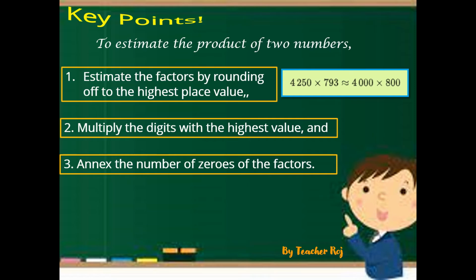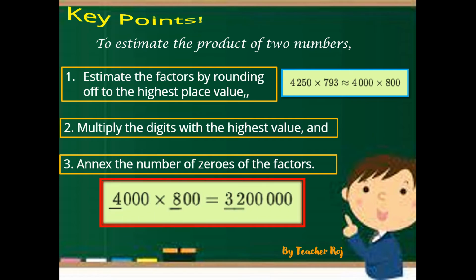So, meron kang 5 zeros na idudugtong, sabi sa number 3, annex the number of zeros of the factors. So, meron kang 32, tapos dugtungan mo lang ng 5 zeros, so ang mangyayari, 3,200,000. Okay? Ayan po sa example natin.